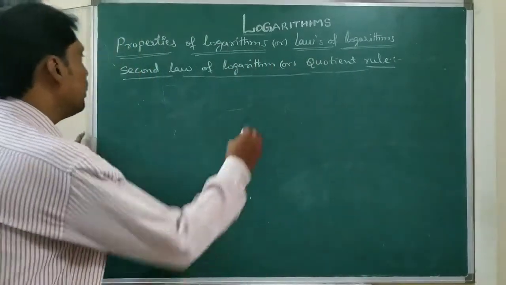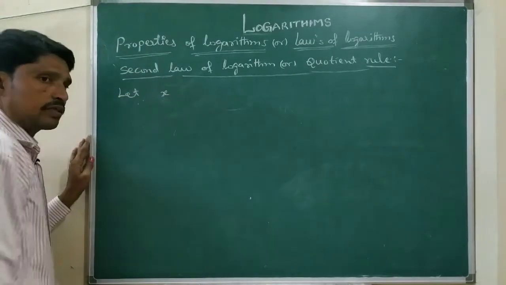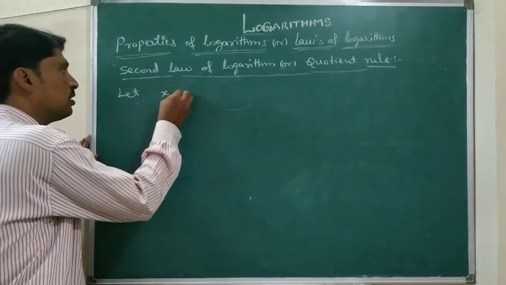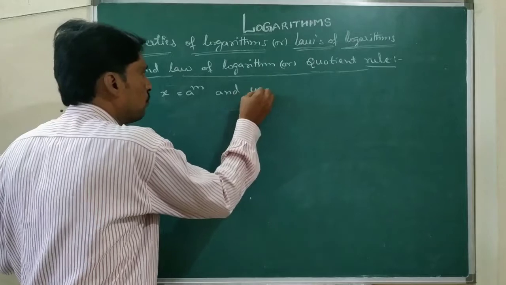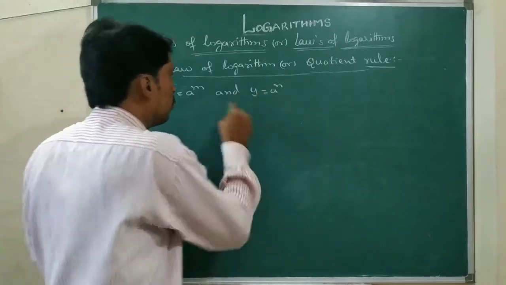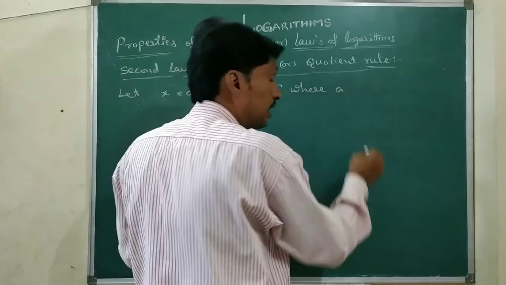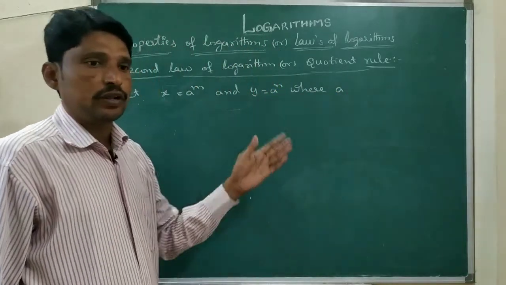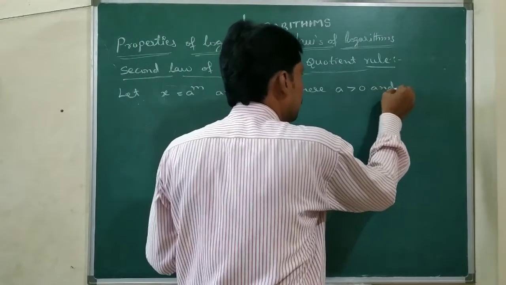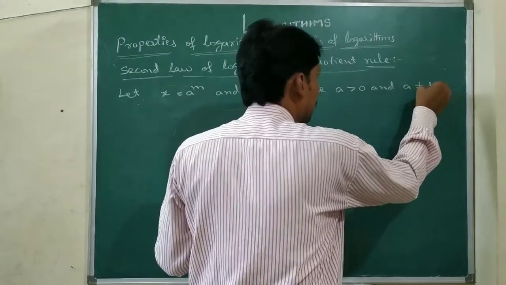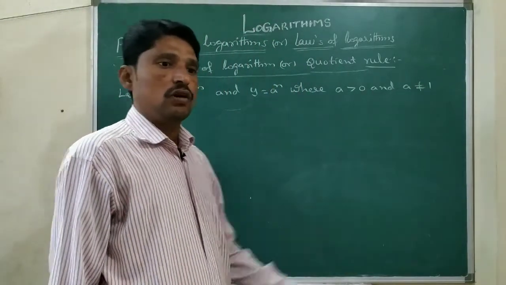Let or suppose x equals a power m and y equals a power n. So here, a, how we have to take the a? A greater than 0 and a not equal to 1.